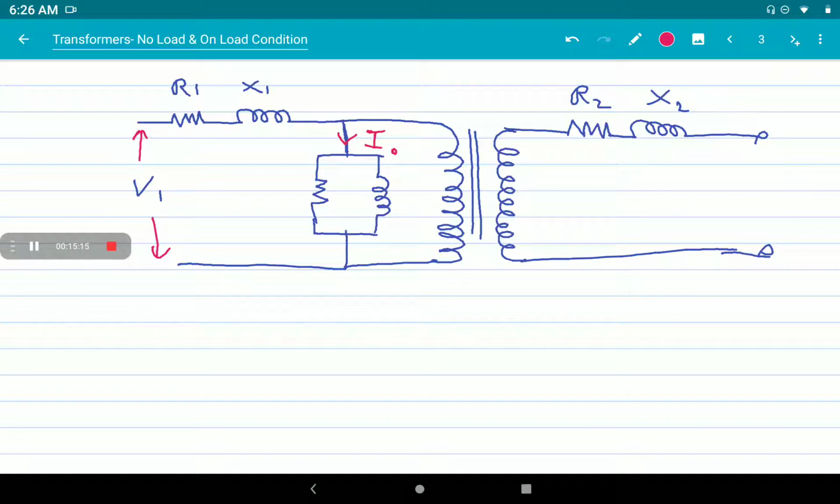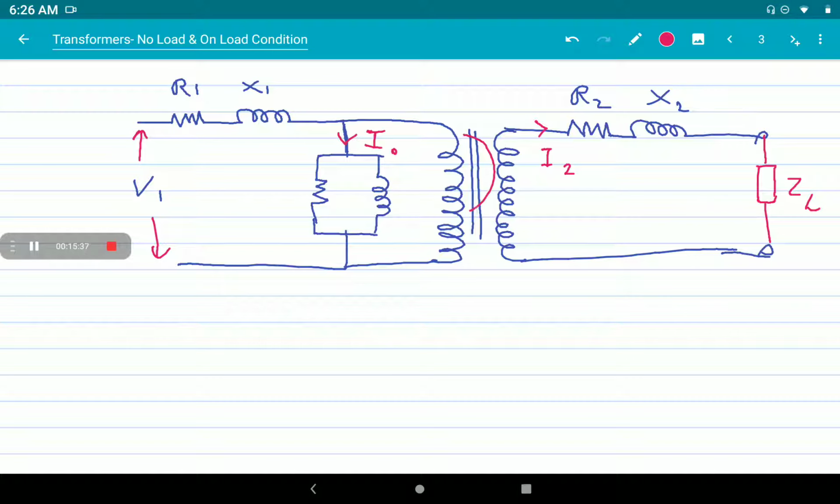Then when we connect a load on the secondary side, ZL, what happens? There will be a current flow through the secondary winding, that is I2. When we apply a voltage V1 on the primary, it will produce a flux on the primary side.